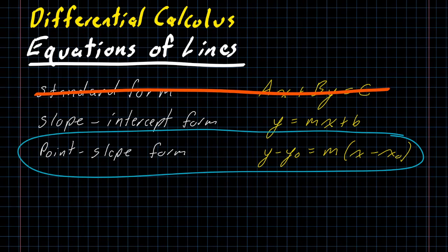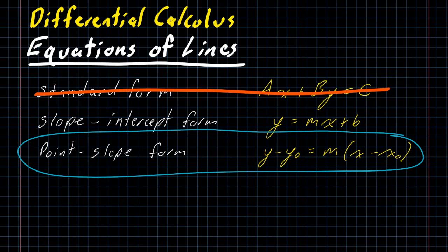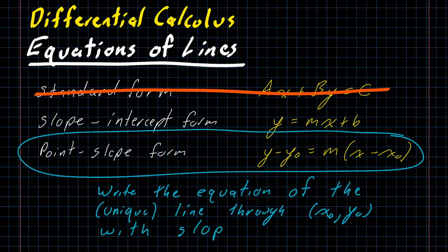Point-slope form is ideally designed for starting with a point and a slope and turning that into the equation of a line. We can use point-slope form to write the equation of the line through x naught, y naught with slope m.